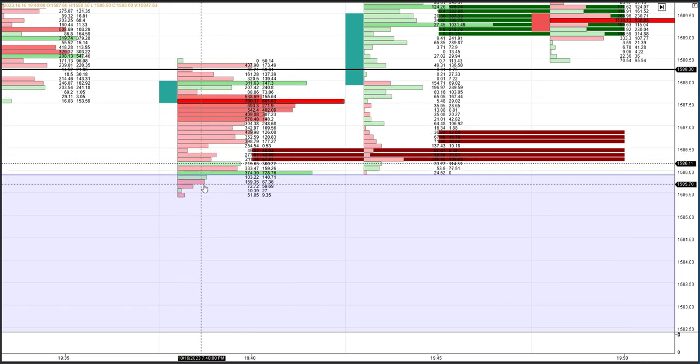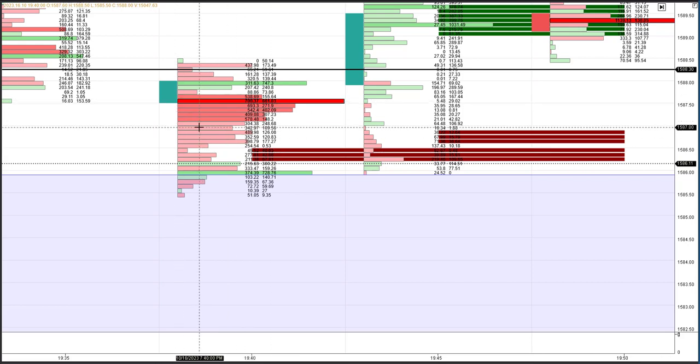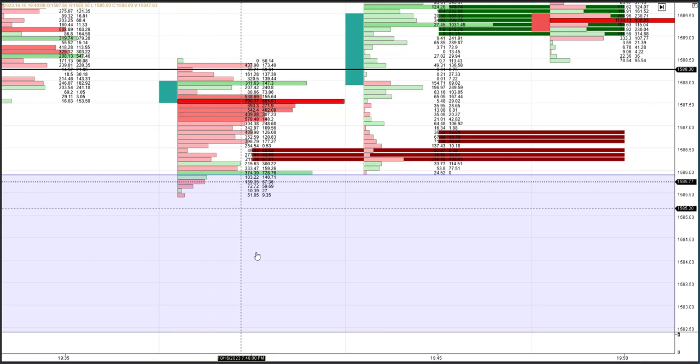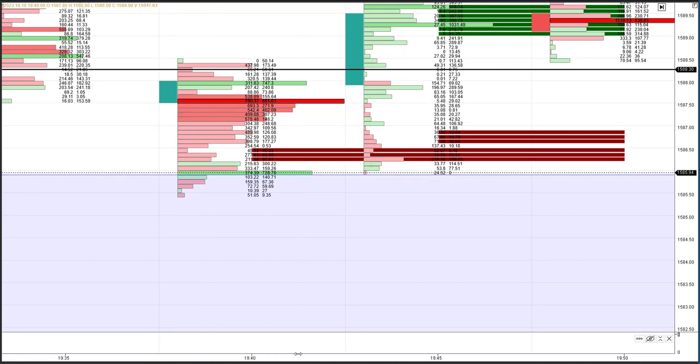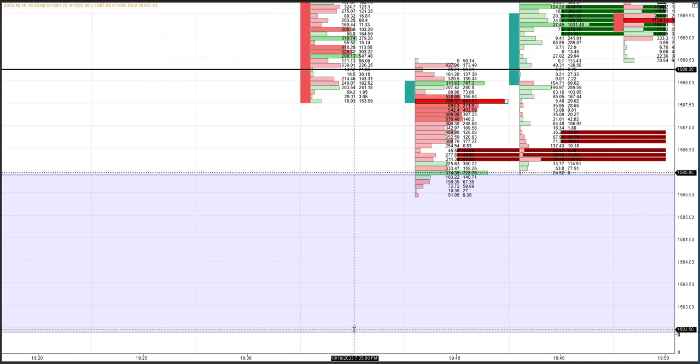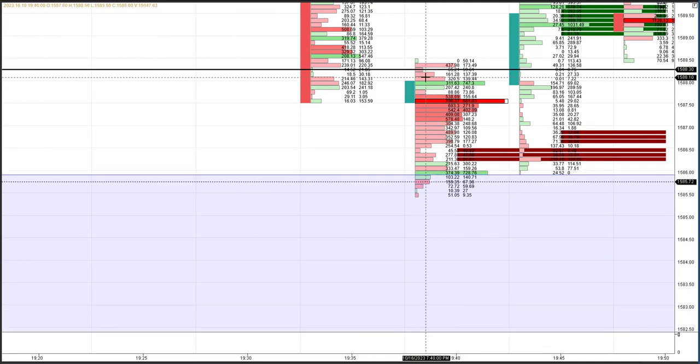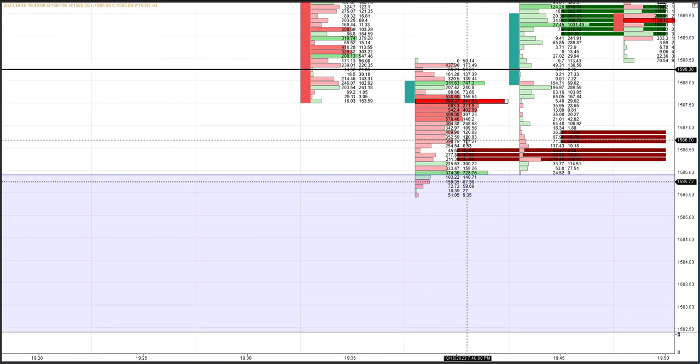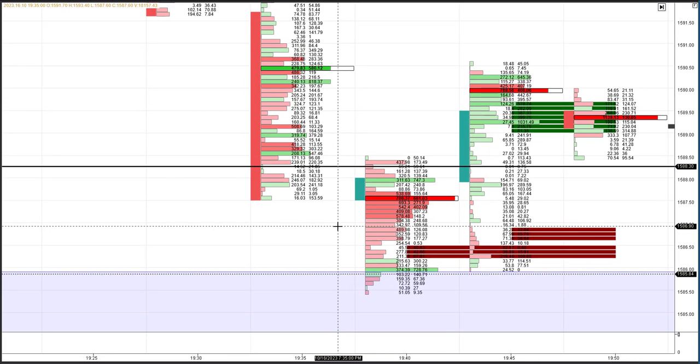So we have too many sellers on this candle, but the price still closes positive. This tells me that there is some responsive buying happening in the market. There are more buyers than sellers, and that's why the price closed positive despite huge selling off. This is a sign that the market might be willing to go higher, and that happens.